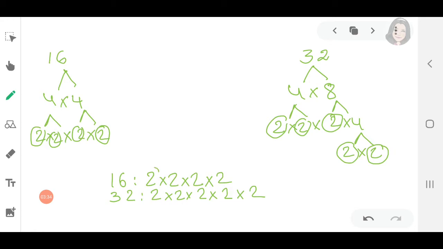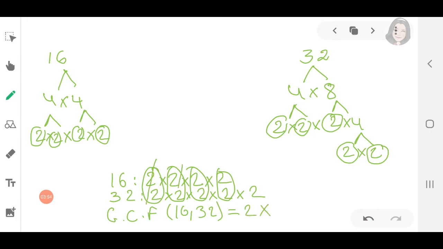Now circle the common factors. I have one here, another one here, another one here, another one here. So the greatest common factor of the numbers 16 and 32 is going to be, take one 2 from these, times one 2 from these, times one 2 from these, times one 2 from these. 2 times 2 is 4, 4 times 2 is 8, 8 times 2 is 16.